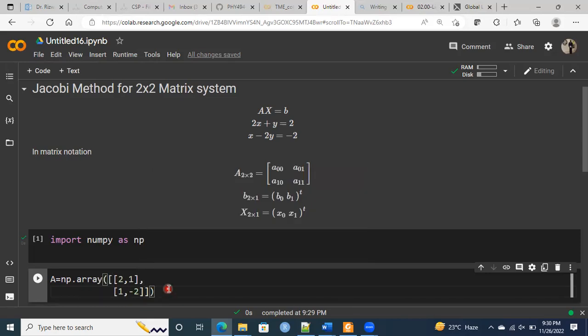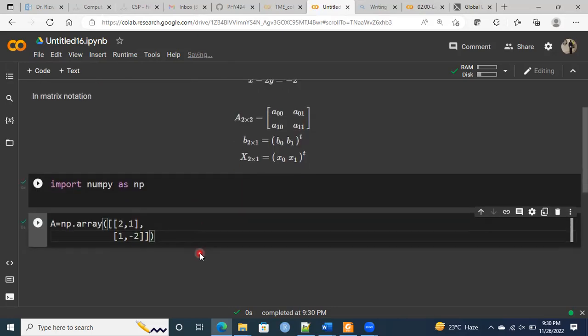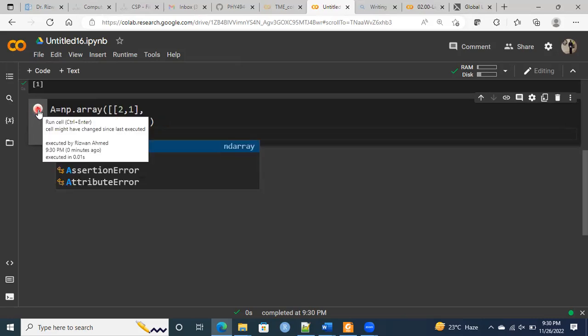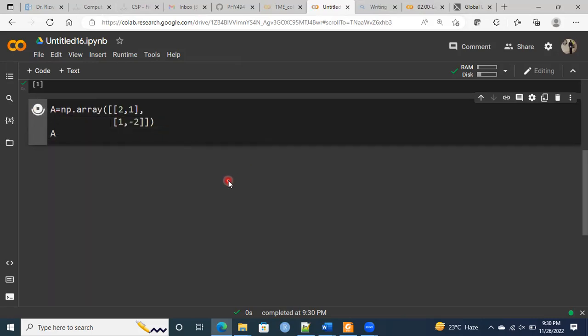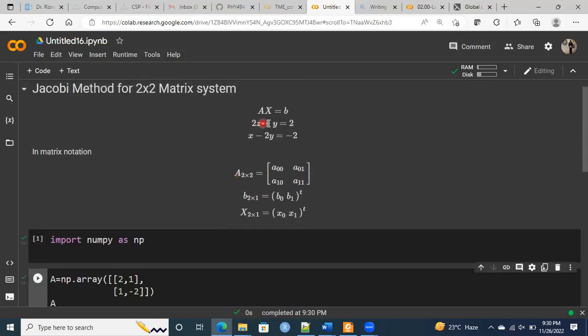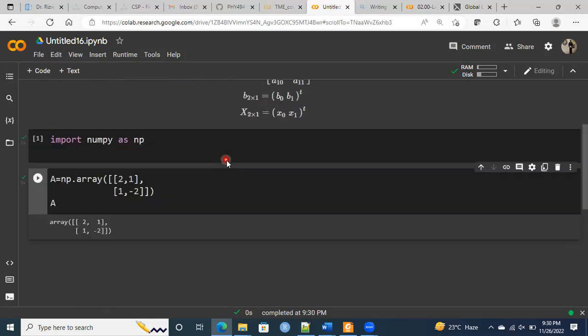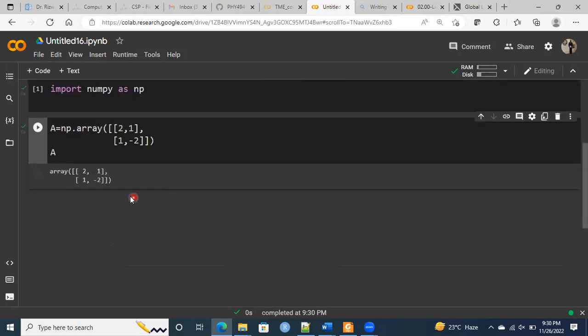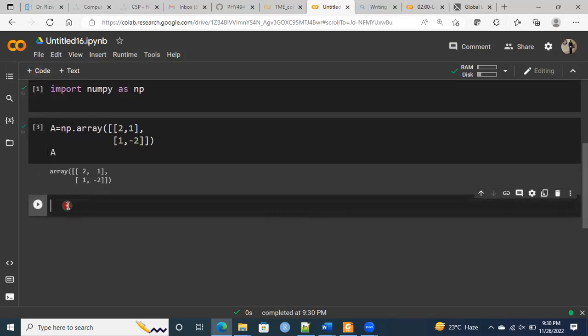I can see the creation of array just by writing A. Okay, so 2 1 1 minus 2, and for b vector we have 2 and minus 2.